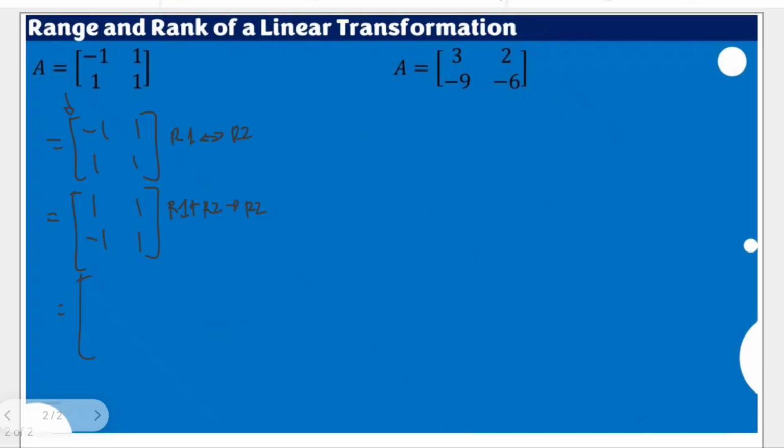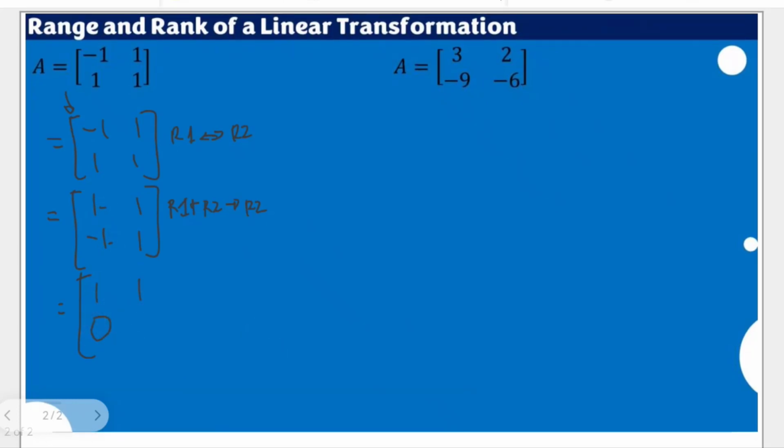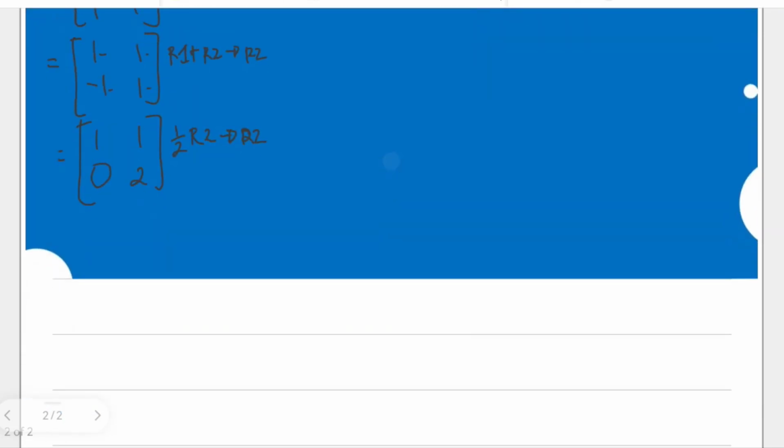Since we have 1 plus -1 being 0, you still have 1, 1, 0. 1 plus 1 is 2. Let's make this a leading 1 by multiplying said row by 1/2. Then you have here 1, 1, 0, and then finally 1.